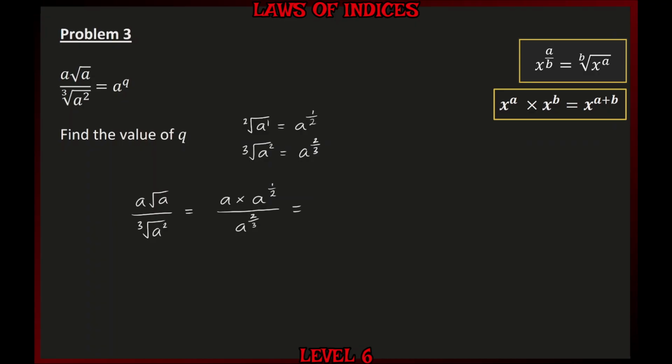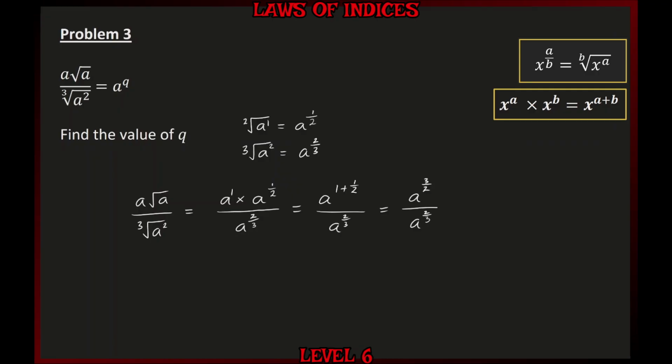So a to the power of 1 multiplied by a to the power of a half becomes a to the power of 1 plus a half. And that's divided by a to the power of 2/3. Now 1 plus a half is 3 over 2.